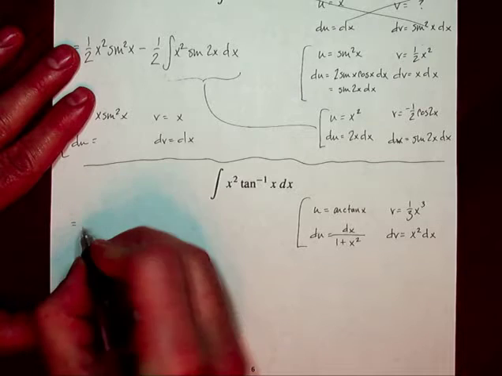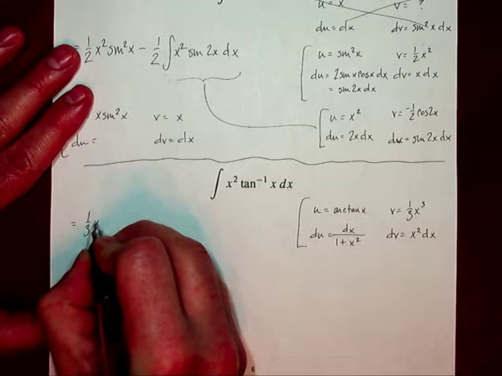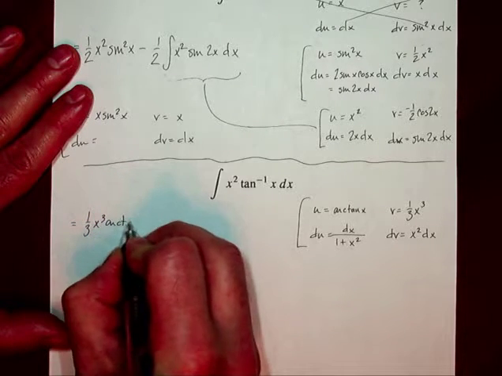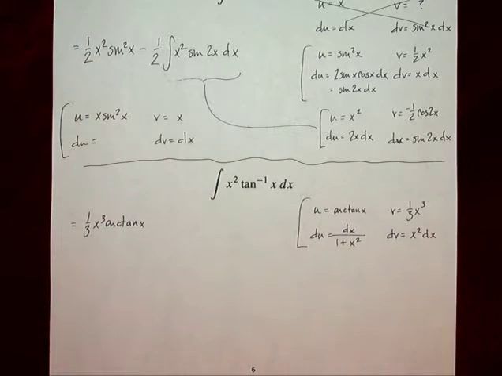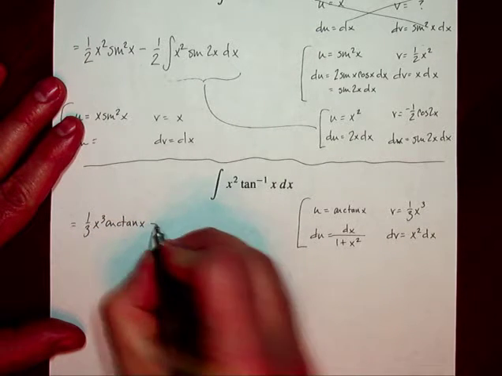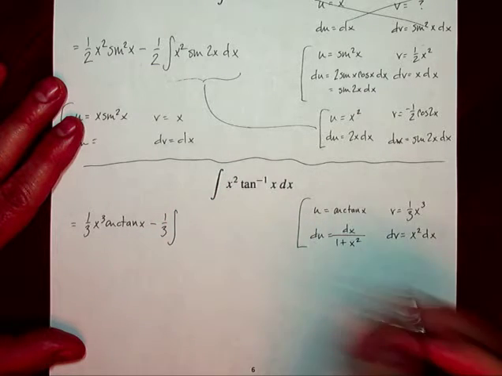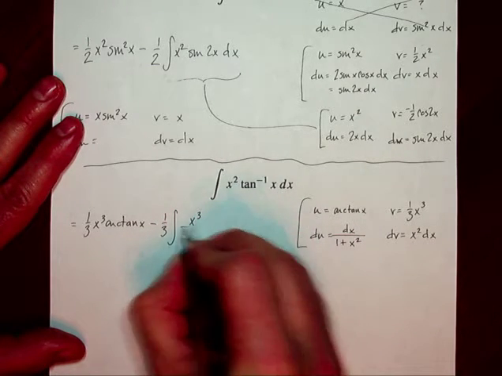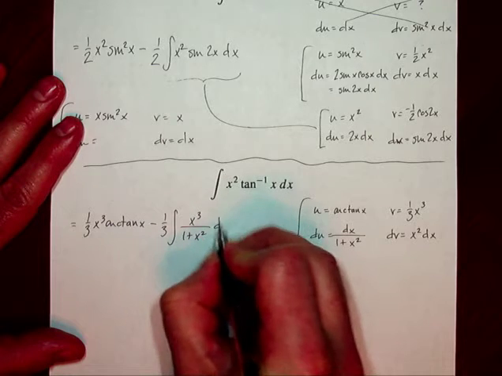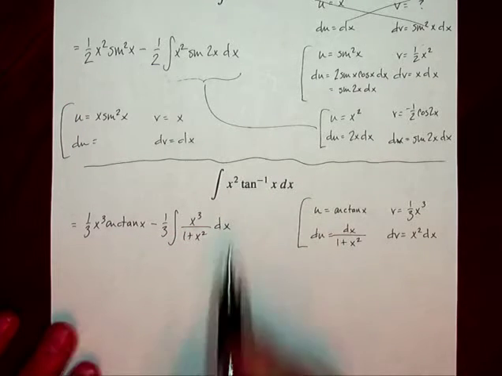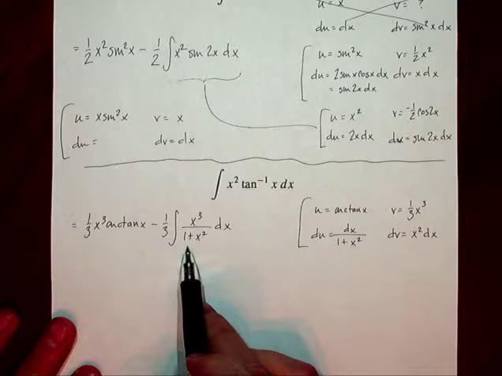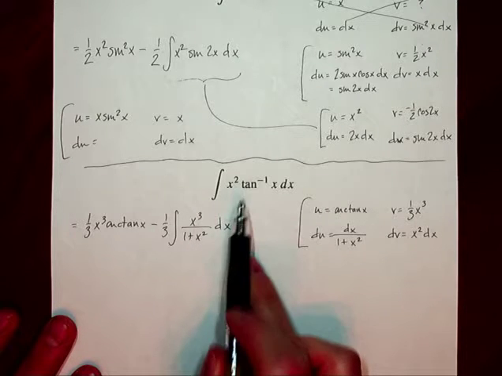And so it may bug some students to actually do that, but it winds up being the actual way that it needs to happen, and you end up getting x cubed over 1 plus x squared dx. Now that's nasty and it's not fun, but it's certainly better than that.